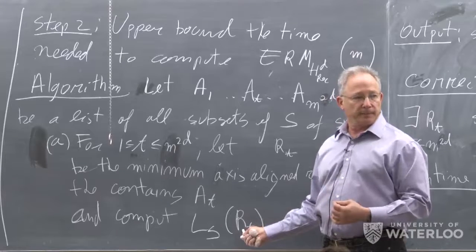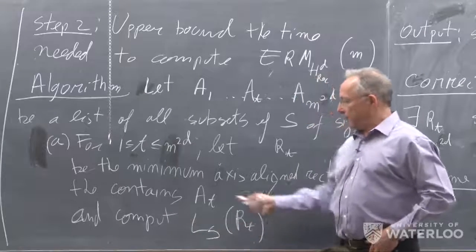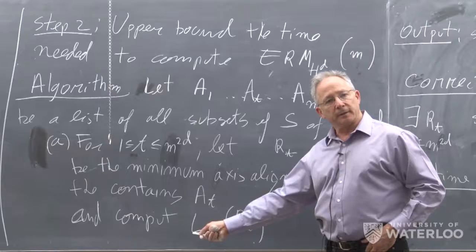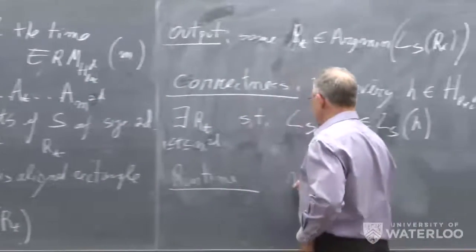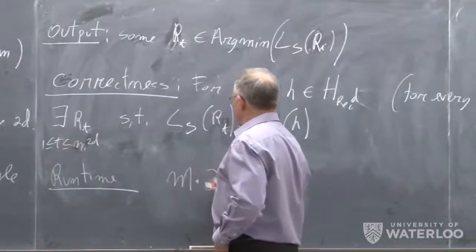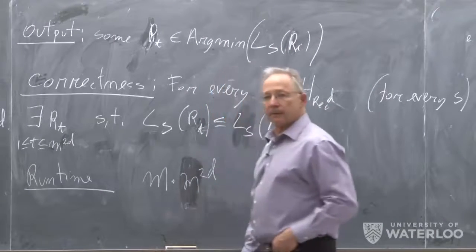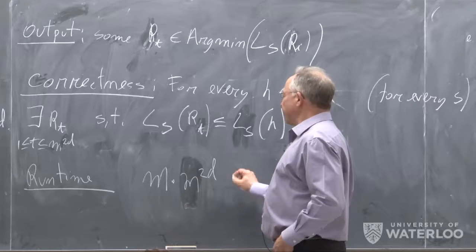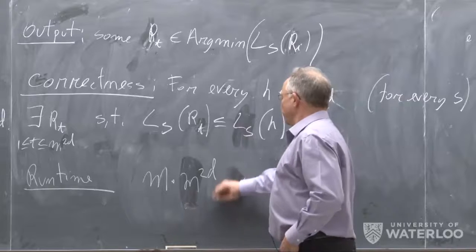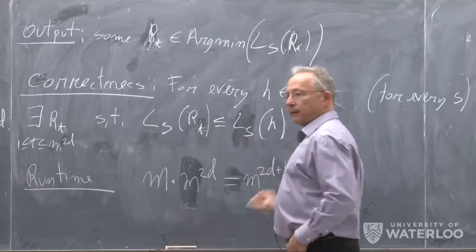So each step takes one run over my sample, time m. And I have m to the 2d many steps. So the runtime is roughly m to the 2d plus 1.